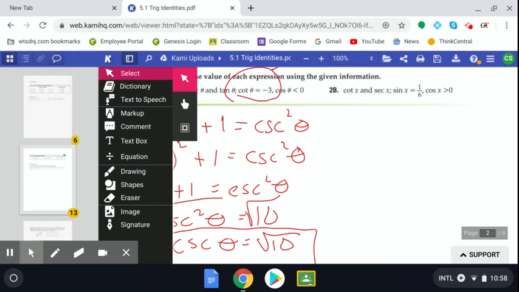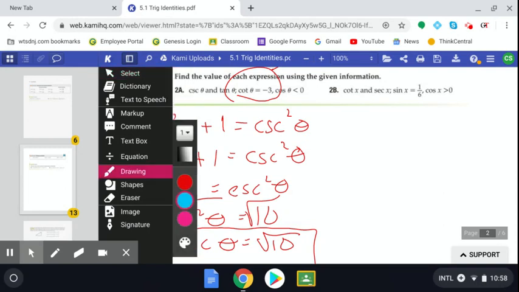They said sine x is 1/6 and cosine x must be positive. So I am going to use the first one because I was given sine. So I'm going to say sine squared theta or x, doesn't matter, plus cosine squared theta equals 1.